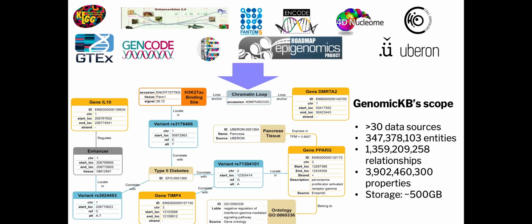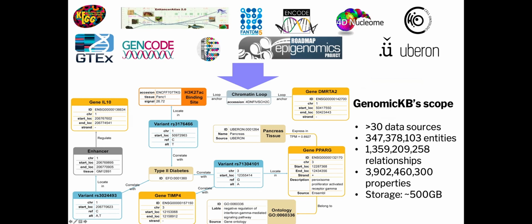So this is really what we did. We integrated over 30 data sources, and we explicitly represent the knowledge as nodes and edges. So here is just one example. Here is type 2 diabetes. It has 3 GWAS variants like this. The first one is located on an enhancer, and that regulates gene IL-10.